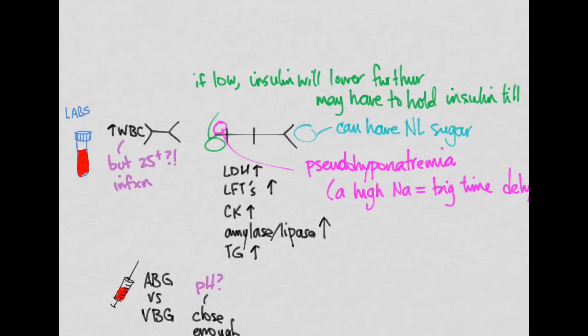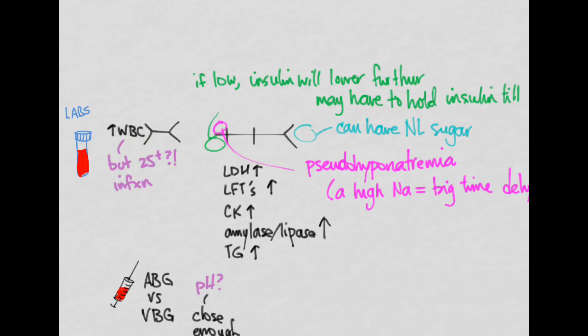However, if you have the DKA patient who says, yeah, I haven't taken my insulin in 2 weeks, and I've just been eating nothing but Snickers bars, well, maybe it's not infection, maybe it's the Snickers and lack of insulin, but just remember, you're going to see an elevated WBC.